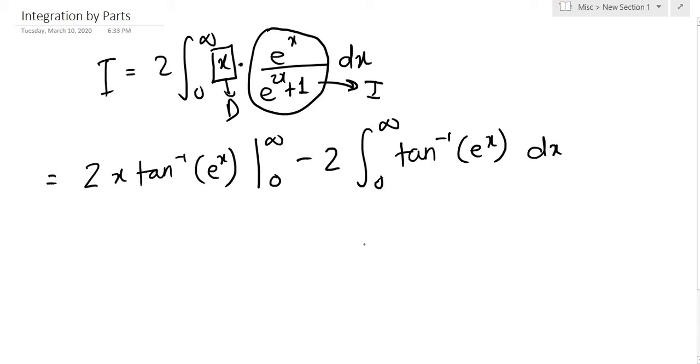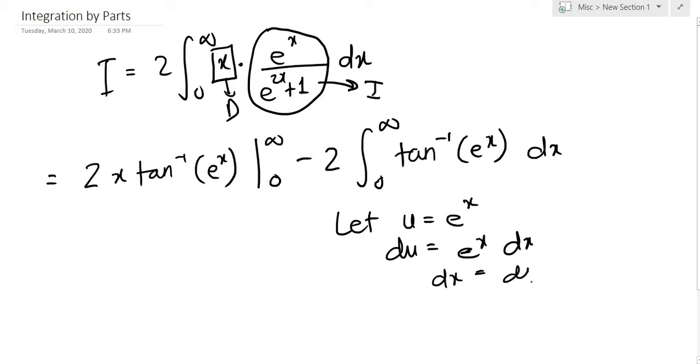Now looking at the form of this thing, I actually want to use some u substitution. So say I let u equal e raised to x. So du will be e raised to x dx. So dx will essentially be du over u.